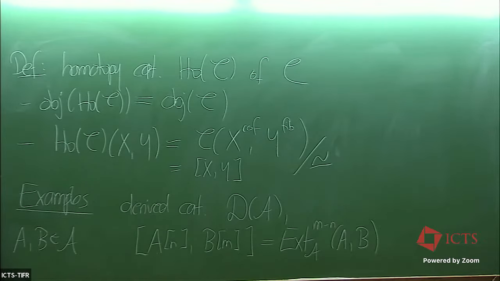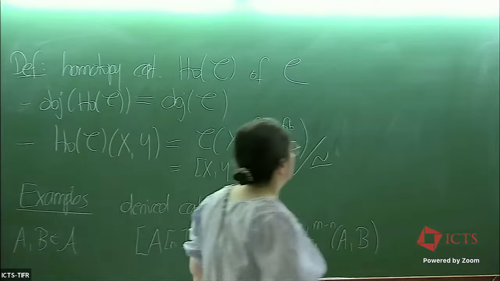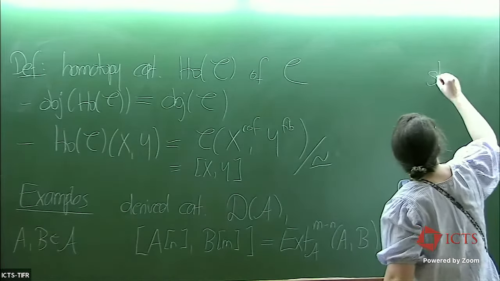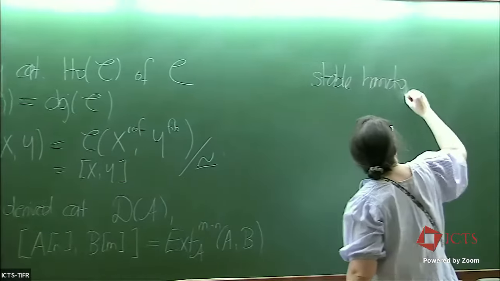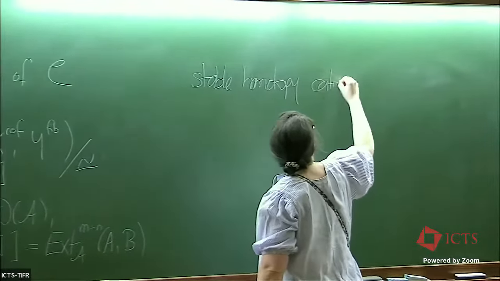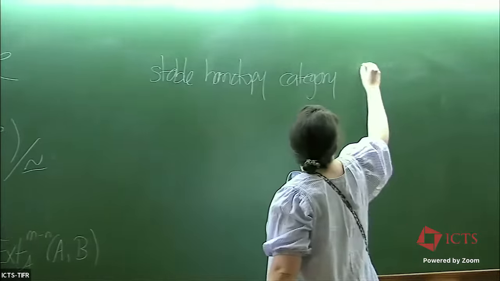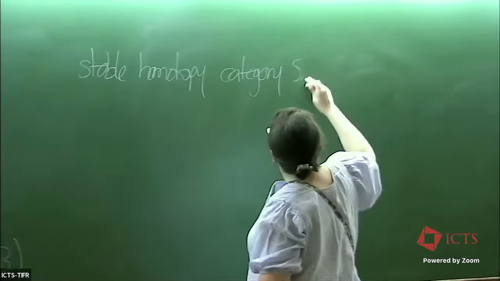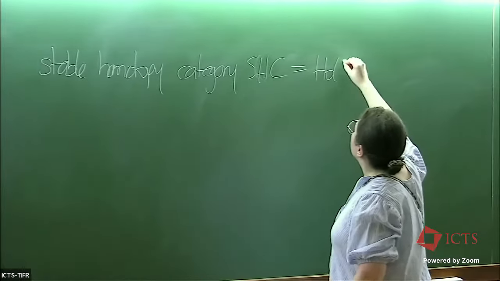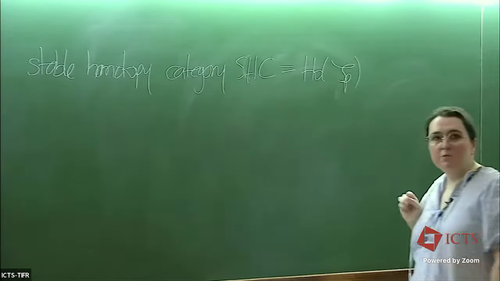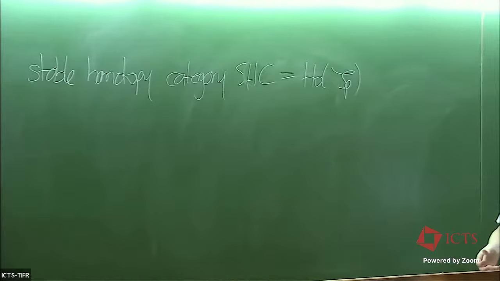Right. And well, really the most important one, for me at least, is going to be the stable homotopy category. Sometimes I just write SHC, which is the homotopy category of spectra with respect to pi-star isomorphisms.